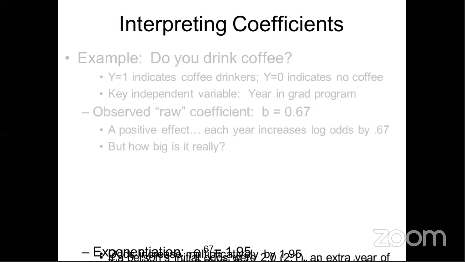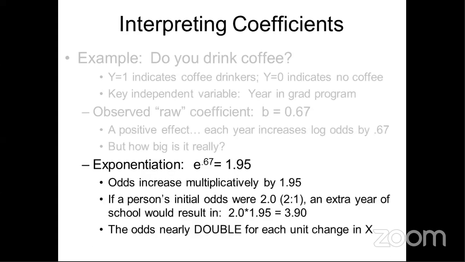To measure the magnitude of the effect of your independent variable, you should exponentiate that. The exponentiated value of this 0.67 is 1.95. How do you get this exponentiated value manually? In your scientific calculator, you have a button e to the power x.